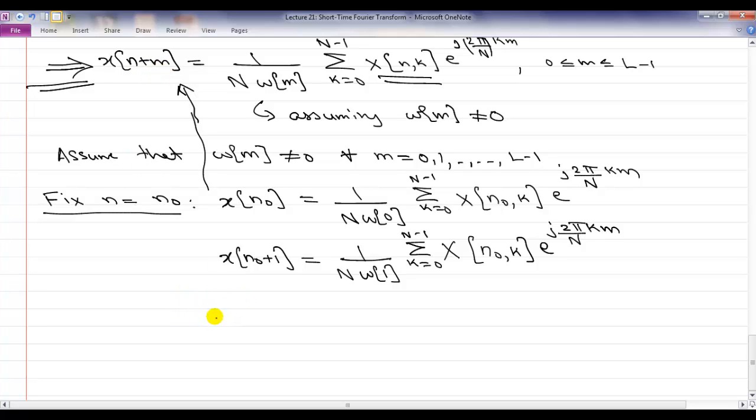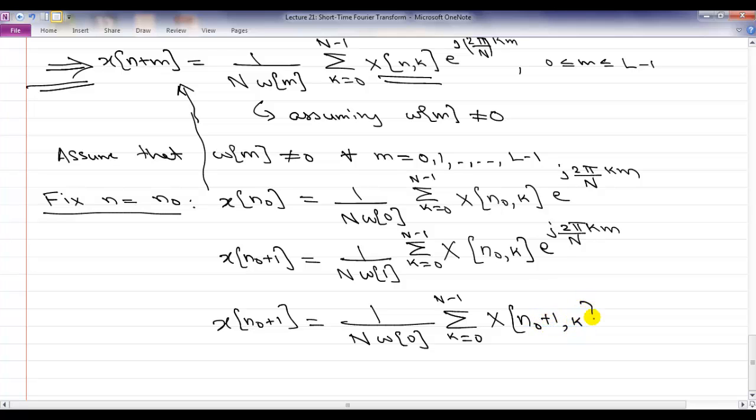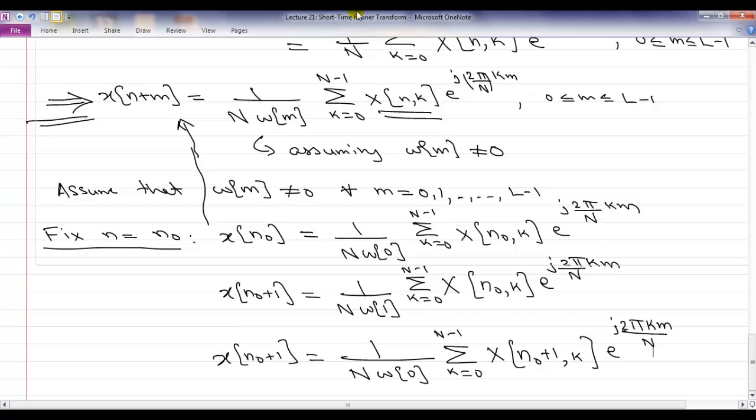So I could also recover x of n naught plus 1 as 1 over w[0] summation of k equal to 0 to N minus 1, X of n naught plus 1, k, e to the j 2 pi k m over N. The typo is that here m is actually equal to 1 in the first, and m equal to 0 in this one.